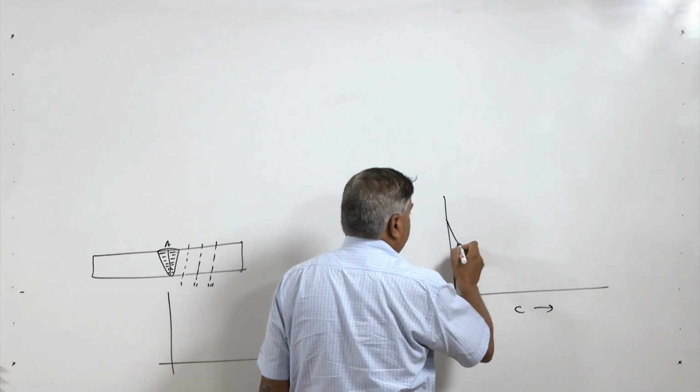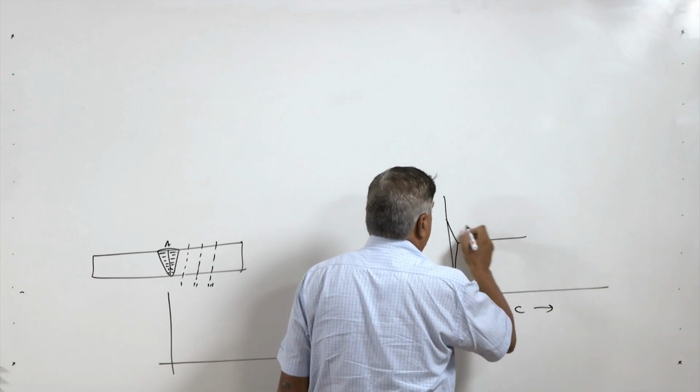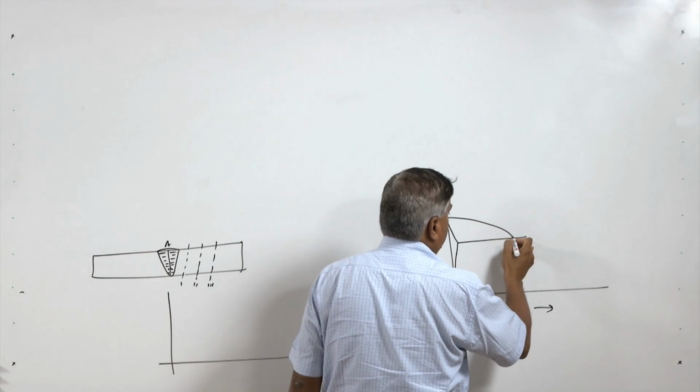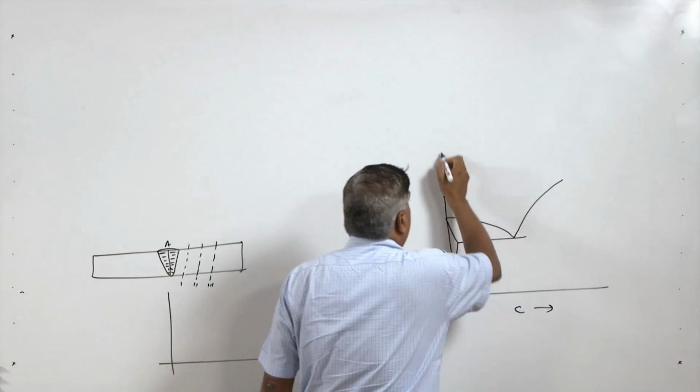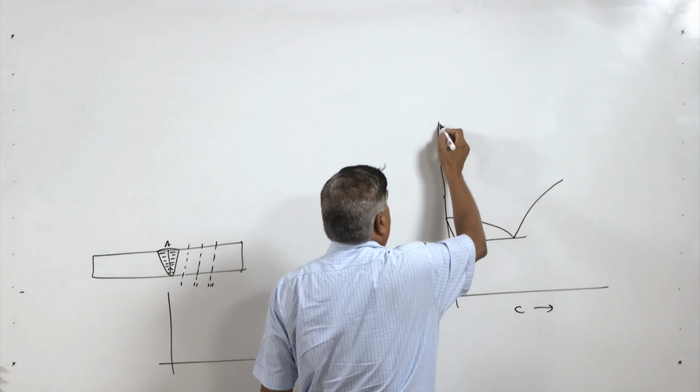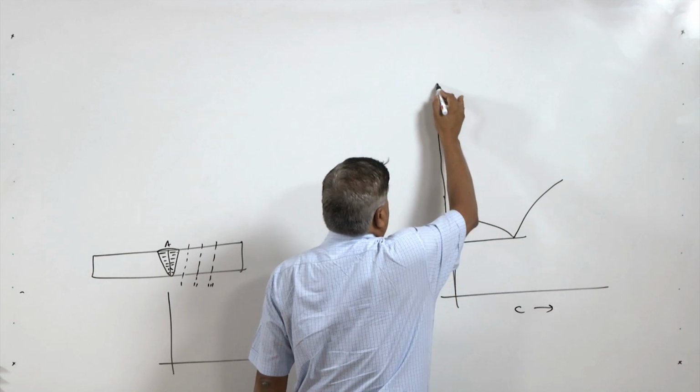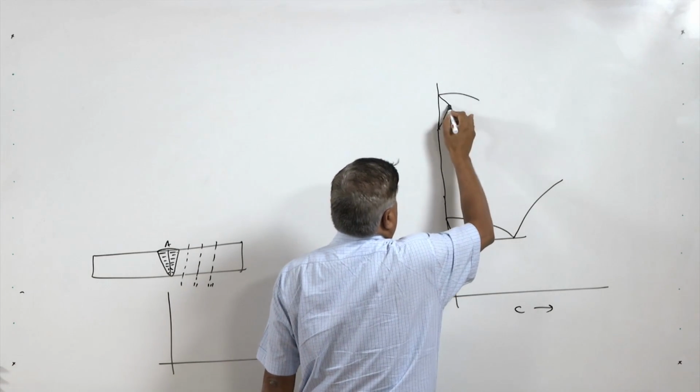this is our alpha zone, and this is the eutectoid zone, and here we have the delta phase zone like this.